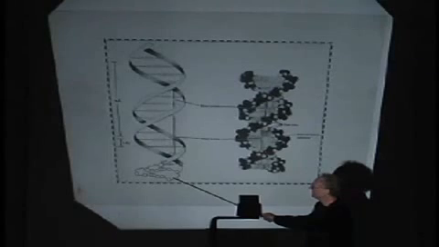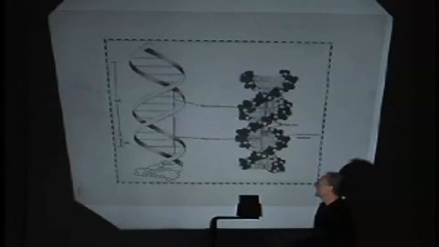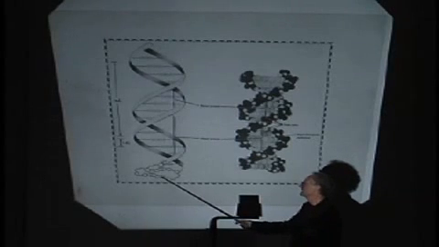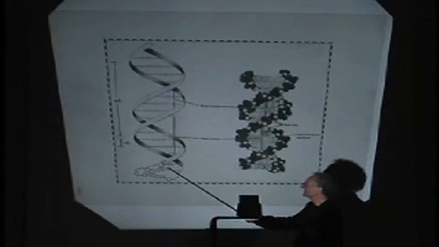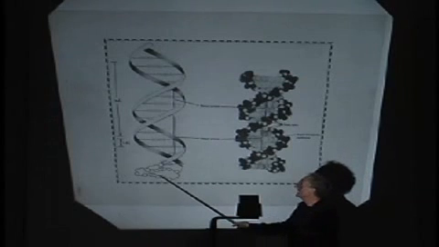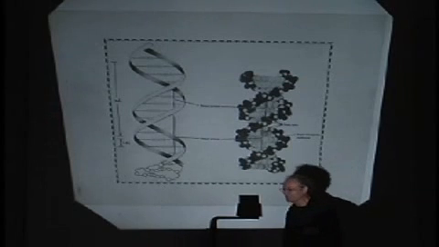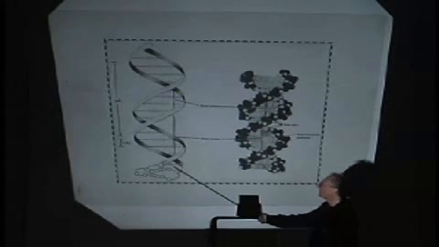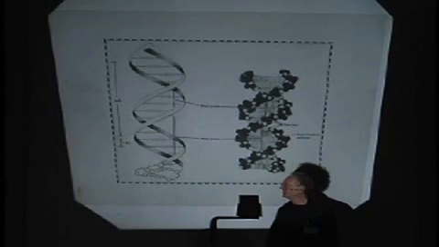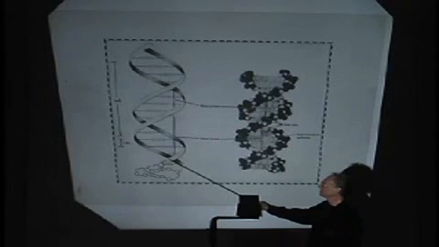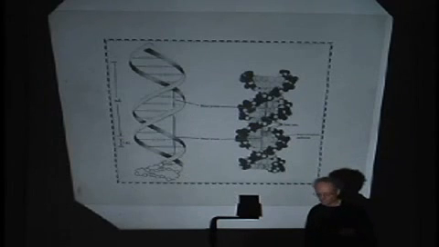So these are repeated units of carbon and phosphate here and oxygen, and a tetrahydrofuran molecule, a ring, if you like. And this ring is chemically linked to the bases. As you know, there are 4 of these bases. And the bases are linked together by hydrogen bonding. And this holds the 2 strands of DNA together. And as you know, the genetic code depends on the position of the bases.